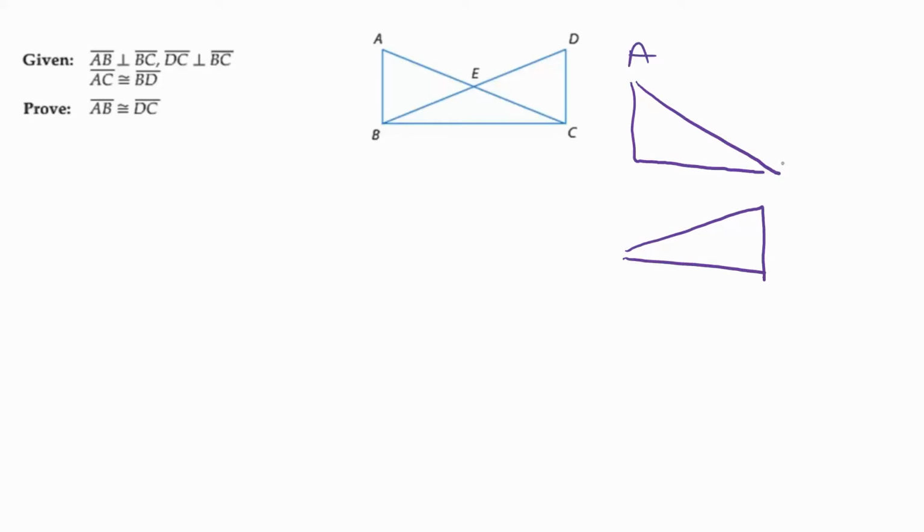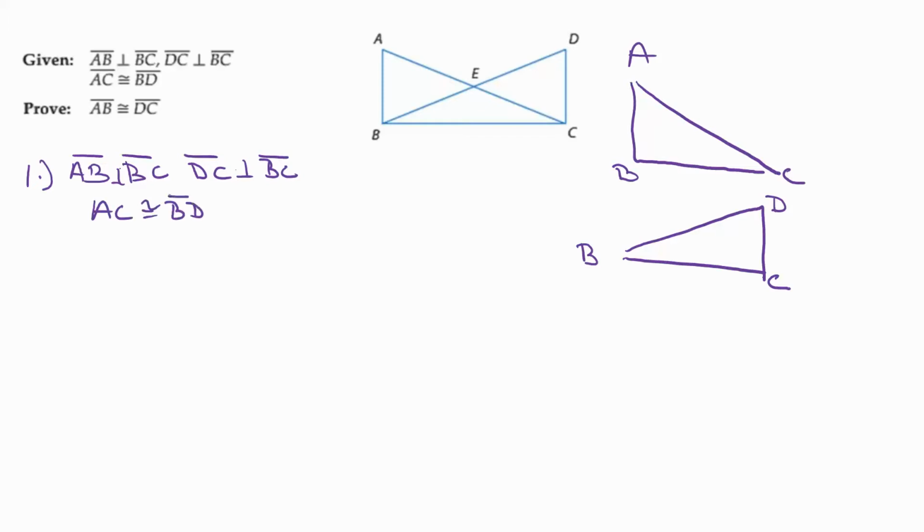We have A, C, and B. We have B, D, and C. We're given that AB is perpendicular to BC, and that DC is perpendicular to BC, and that AC is congruent to BD. So let's mark that AC is congruent to BD.